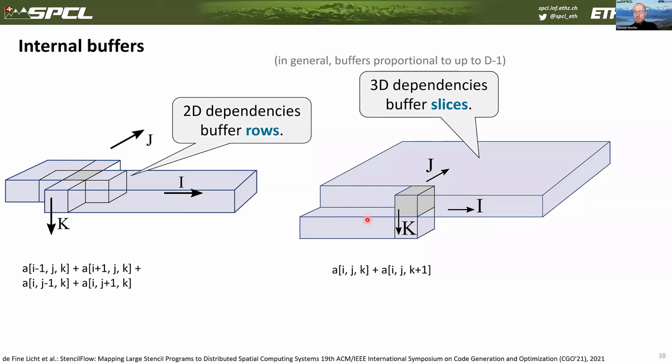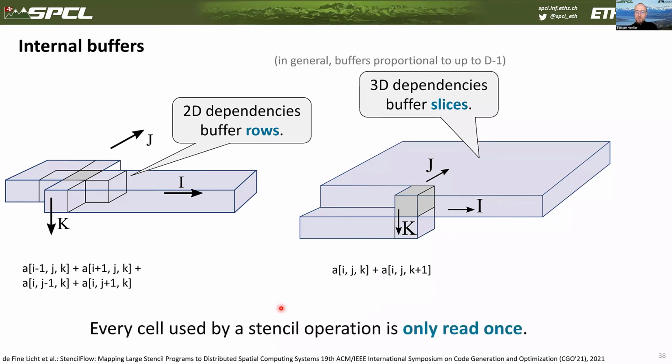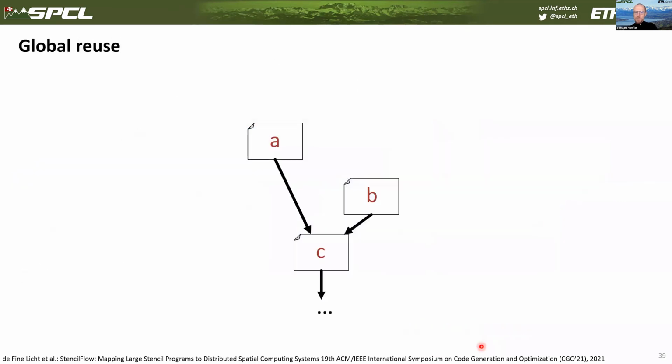For 3-dimensional stencils, we would need to store full slices. In general, for n-dimensional stencils, you would need to store 2 of those n-1 dimensional hyperplanes. But if this works, then we can prove that every stencil operation reads memory only once. And this is what we show for all of the examples that I'm showing later.